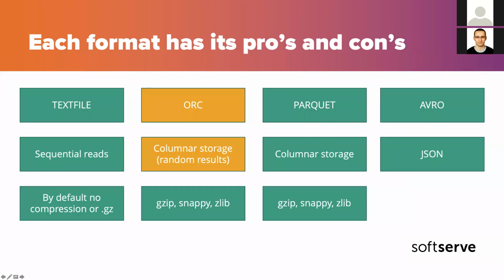Now, if we look at these formats, these are the four most common that you can find in this environment. Regarding text files, what we can say about them is that they are sequential reads. So basically, if you want to retrieve row number 400, you need to read 399 rows to get this row 400.